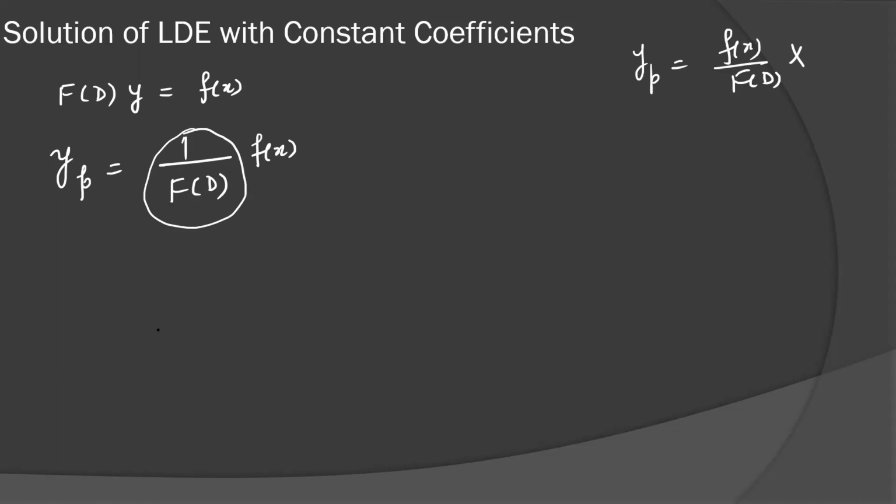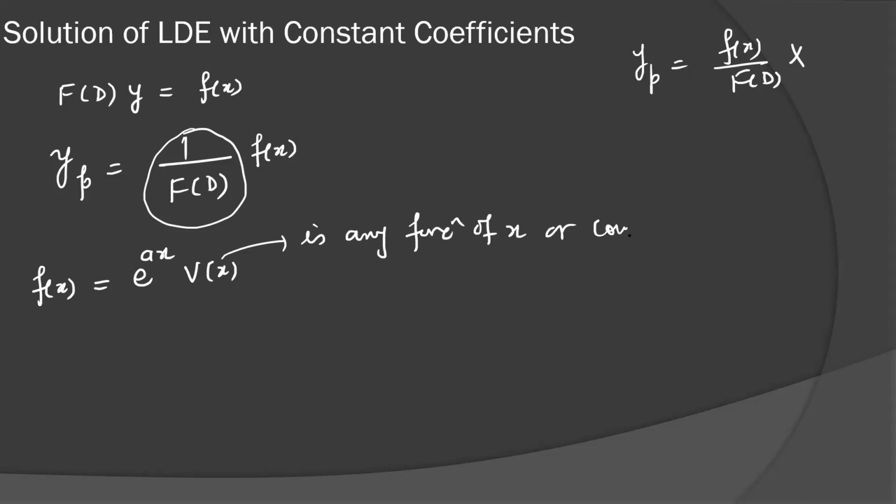Remember this point. And I told you the case when f(x) is e to the power ax into V(x), the shifting property. V(x) is any function of x or any constant value.